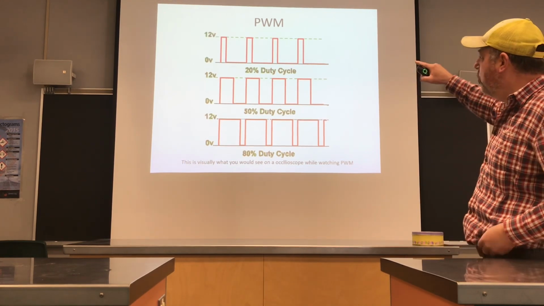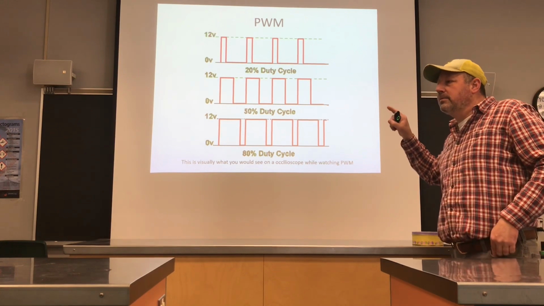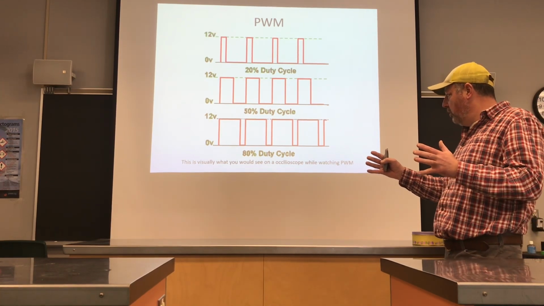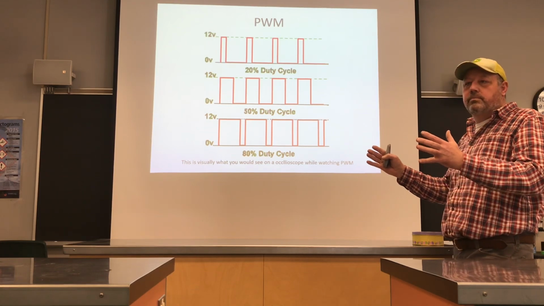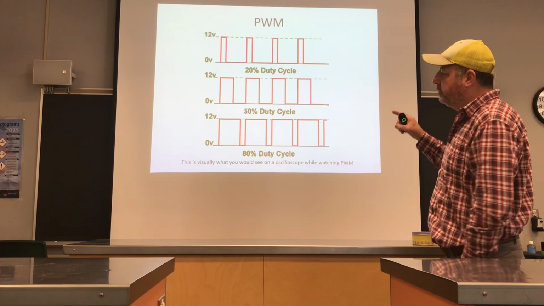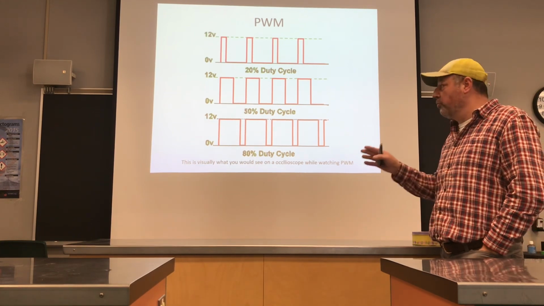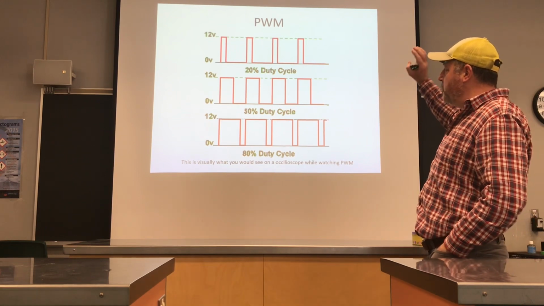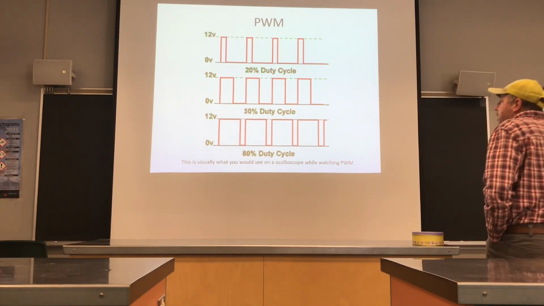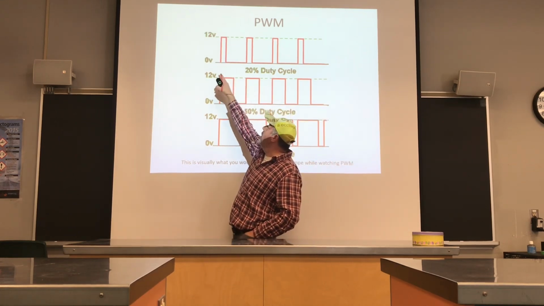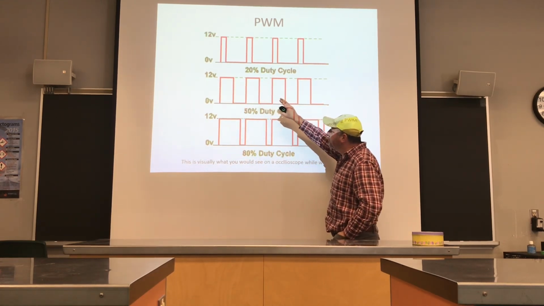Here's an example of what you would see if we use one of those old school oscilloscope screens. If we could run whatever it is that we're trying to do through the oscilloscope, this is what you would actually see. So for 20% duty cycle, you would have 20% on time.